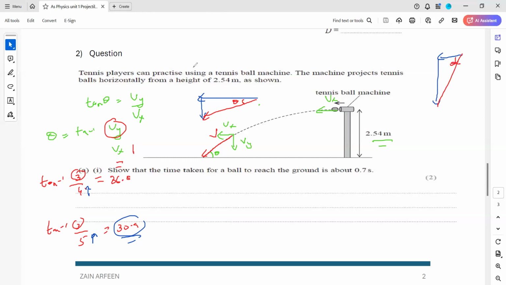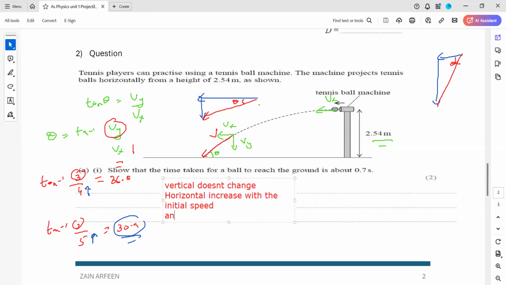So the points you will mention: the vertical component does not change because it depends on the height from which we drop, and the horizontal component increases with the initial speed.